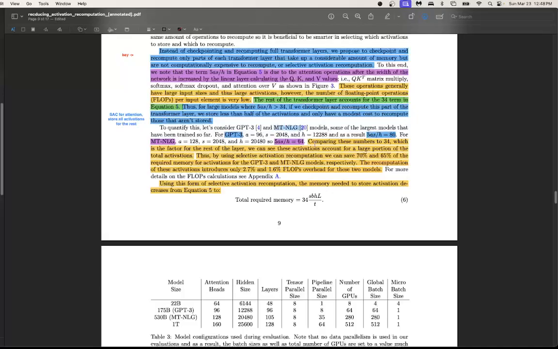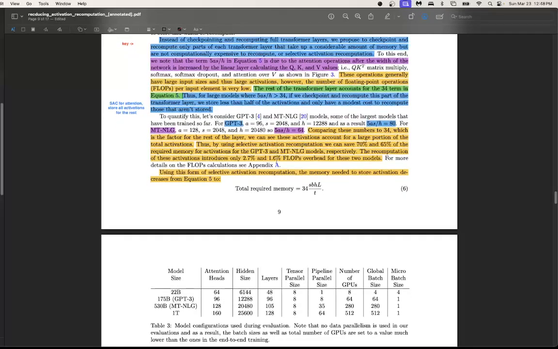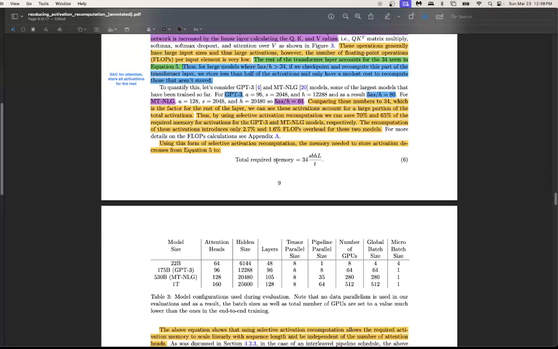What they show is that by selectively doing activation checkpointing on those layers, you save 65 to 70% of the required memory, and it introduces only 2.7% and 1.6% extra flops for each model respectively. So it's very little increase in flops to recompute these, but you're saving a huge amount in your peak activation memory. So this seems like a very favorable trade-off, right?